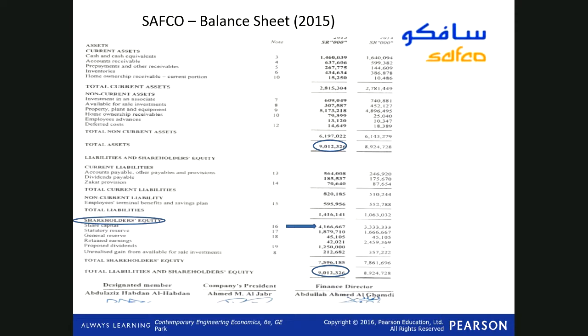So total assets is equal to, in the second column, liabilities, current and non-current liabilities, right? Total liabilities and total shareholders equity should be the same. If you look at the last item here, total liabilities and shareholders equity, it is the same as the total assets. There is an equation which I will discuss in the next few slides.